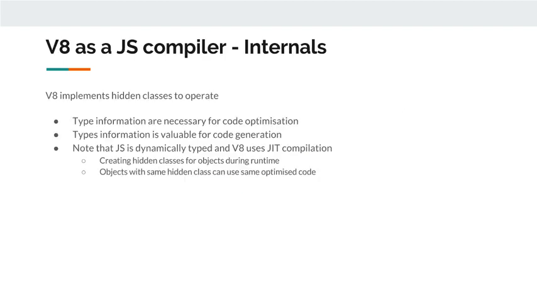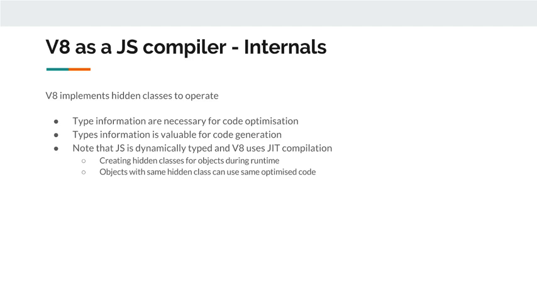So if we look at the internals of V8 as a JavaScript compiler, how does V8 make things run faster? Compiling a statically typed language is really easy, because beforehand you know what an integer is, and you know that when something is declared as an integer, it never changes.